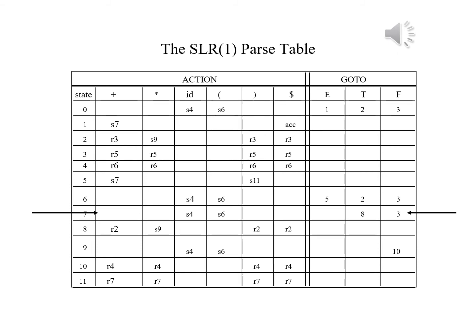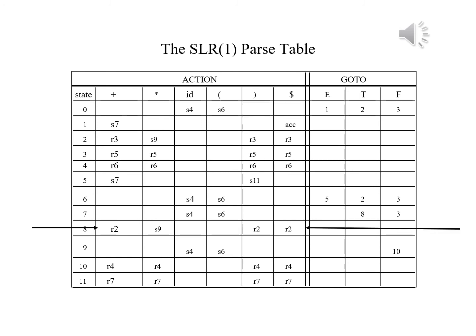State 7 has 5 items in it, all non-final. On term, we go to state 8, and on factor, we go to state 3. There are only 2 transitions on terminals. On identifier, we shift and go to state 4. And on open parenthesis, we shift and go to state 6. These are the same 2 as in state 6.